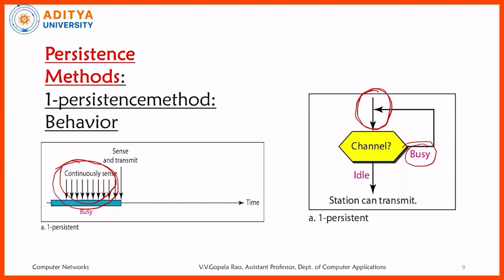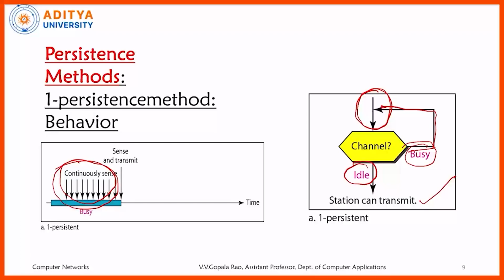Once the channel is busy, the station goes for one more trial. Continuously it happens until the channel gives an idle response. Once the channel says it is idle, only then can the station transmit its information. This is the actual flow of the one persistence method.